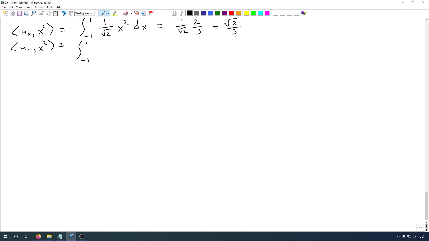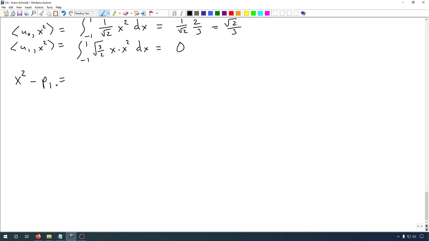Do the same thing with u1 and x squared. So u1 was square root of 3 over 2 times x, but we're multiplying by x squared. And this one is very nice, because x times x squared is x cubed, and the integral of x cubed from -1 to 1 is 0. So actually, we only have to worry about one of these. So we're taking x squared minus, you can say it's p, I guess we'll call it p1.